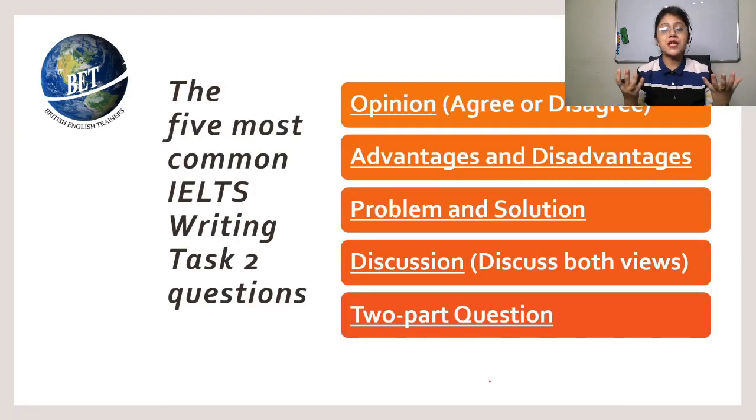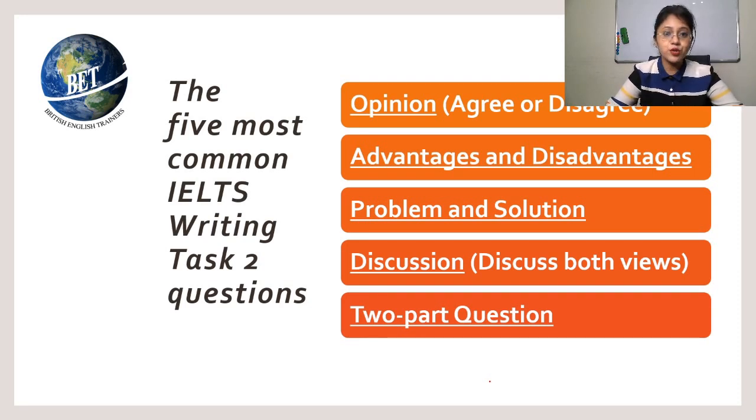Now, we've got 5 different types of essays which generally come in the IELTS examination. We begin with the opinion essay, agree or disagree. Then it's followed by the advantages and disadvantages essay, subsequently the problem and solution essay, discuss both the views, and the 2-part question essay.